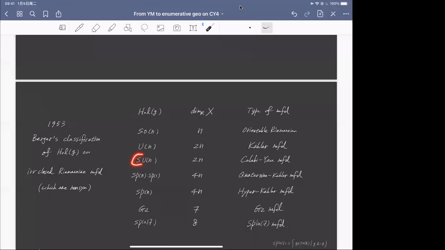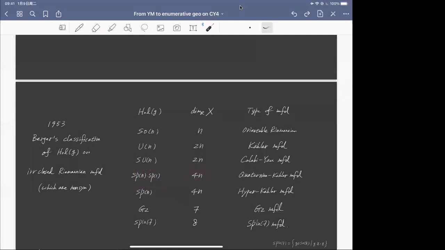This is special in the sense that the first Chern class of the manifold is 0, so this is the special unitary group. The next ones may be less familiar to you. The next is the holonomy group Sp(n) times Sp(1), in 4n dimensions.